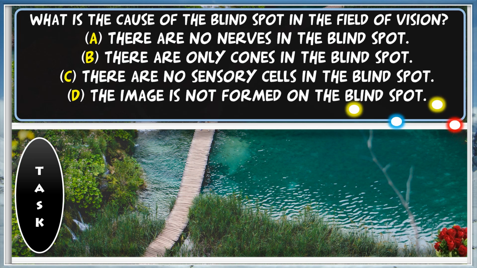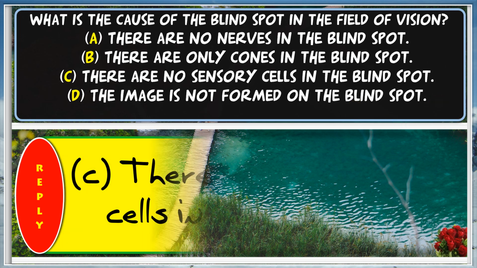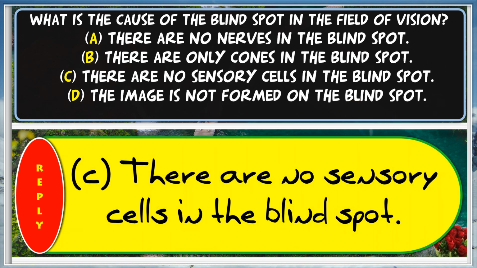D. The image is not formed on the blind spot. It's part C. There are no sensory cells in the blind spot.